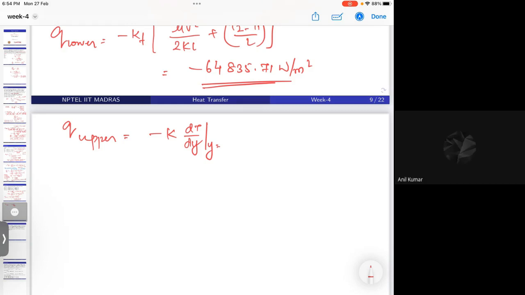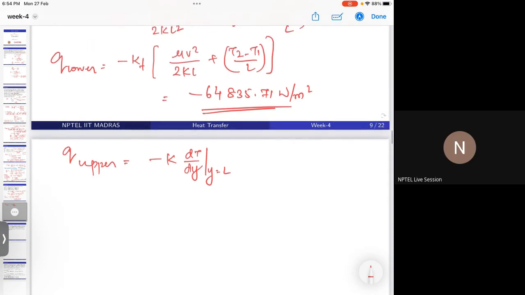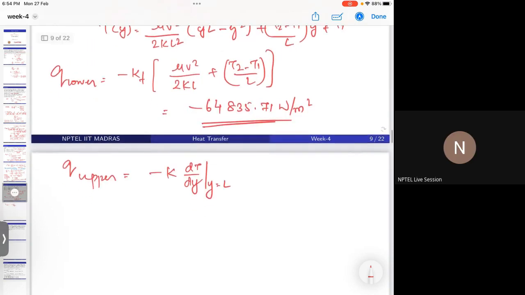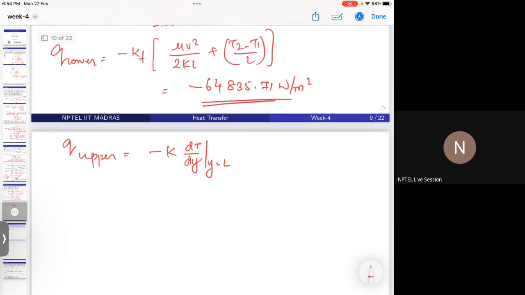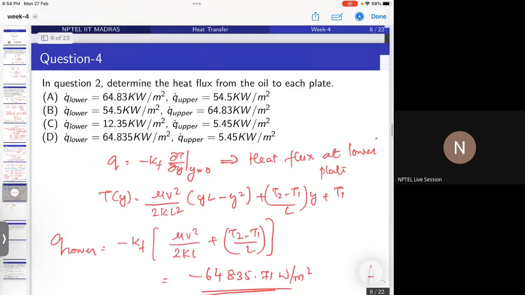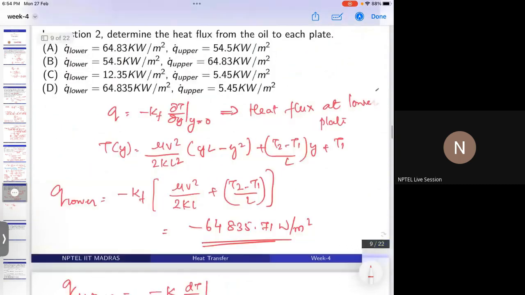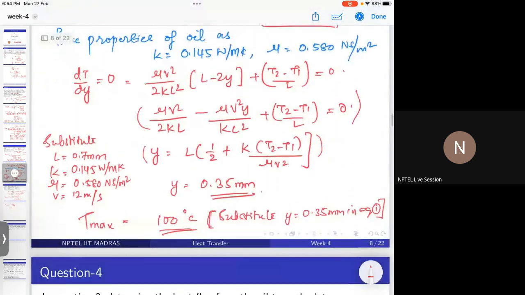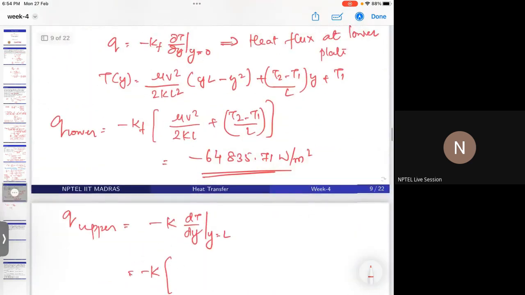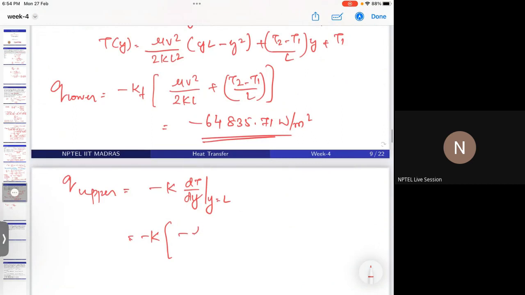Equal to L. We already found this out. So at L, what is this value? L minus 2y, right? So L minus 2L, so it will become minus L. So minus mu v square divided by 2kl plus (t2 minus t1) by l.